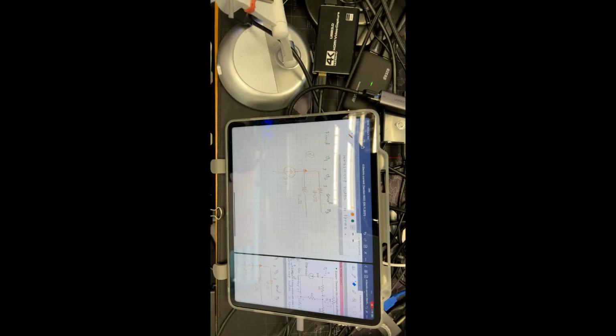Any idea? I'm gonna need your help to assign the current name and current direction. Okay, let's say this is the upper branch, the middle branch, and the lower branch.